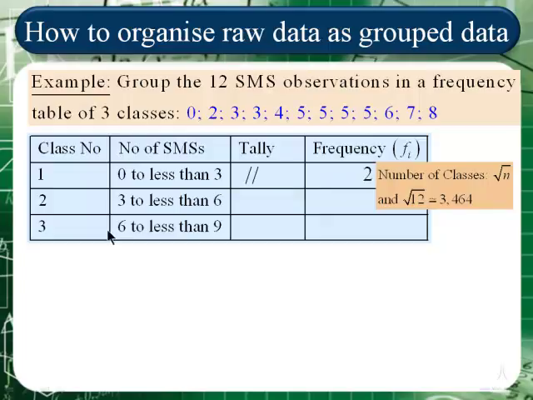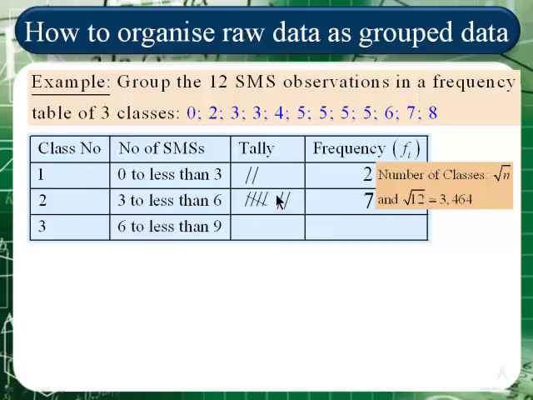By the way, this is my frequency distribution table. So then we go to our next class. There you have 2 3s, a 4, a 5, and another 5. That makes a group of 5, and 2 more 5s. So the frequency of this is 7.